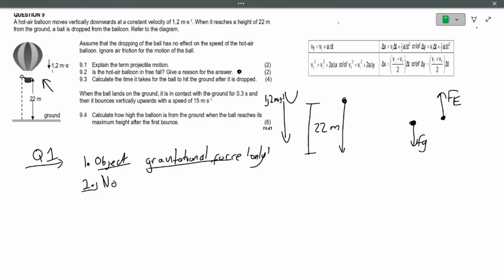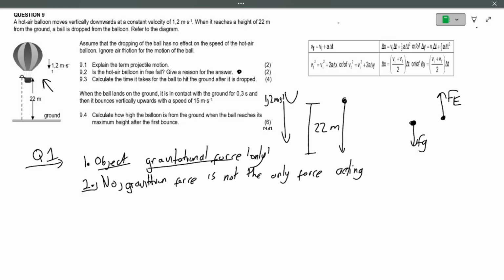And then you can give a reason why it is no. You can just say gravitational force is not the only force acting on the object.